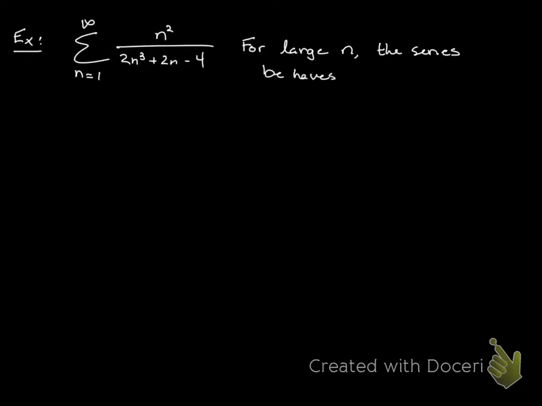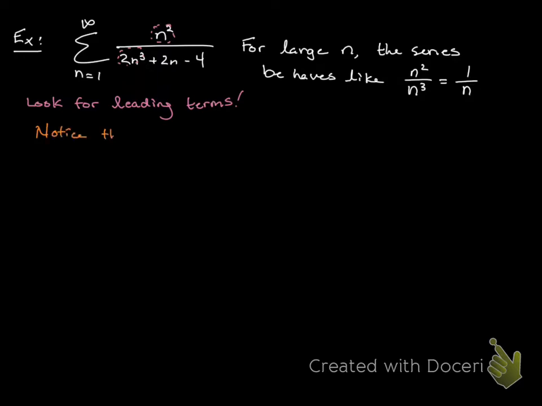The series kind of works like n squared over n, or 1 over n. I'm looking for leading terms here. So I'm really looking for this n squared and 2n cubed. Those are the leading terms for large n. Okay, so far out in my series, the terms are going to really look like that 1 over n there.